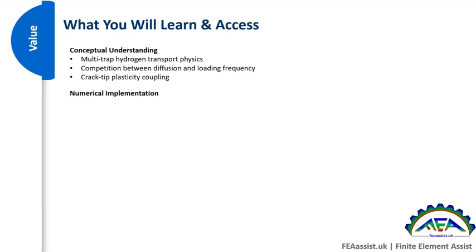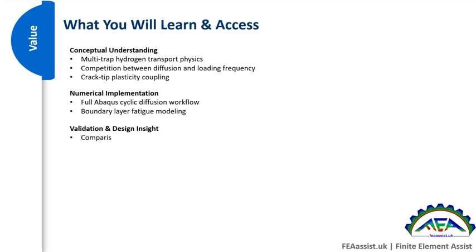Then we move into a numerical implementation, showing a full Abaqus workflow under cyclic diffusion conditions and crack tip modeling. Then we will validate the framework against experimental fatigue data and demonstrate how trap density modifies safe operating regimes.